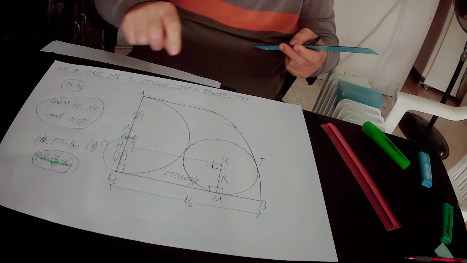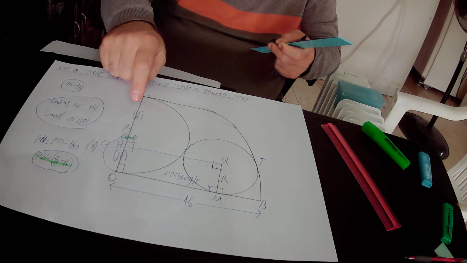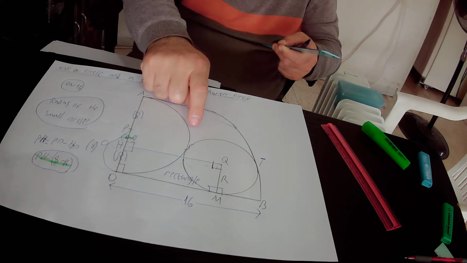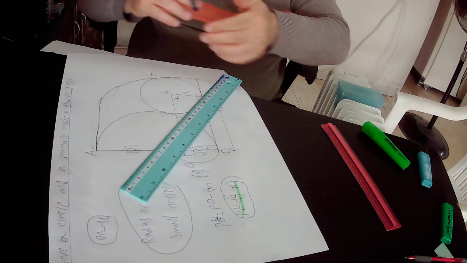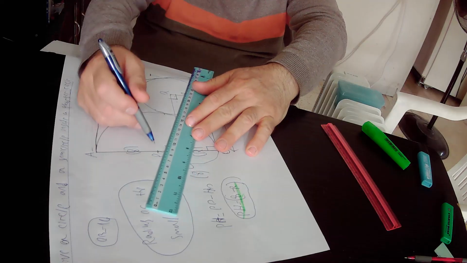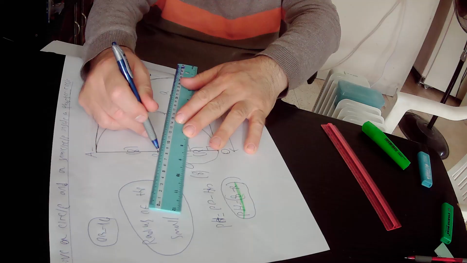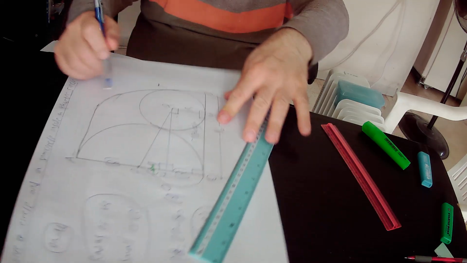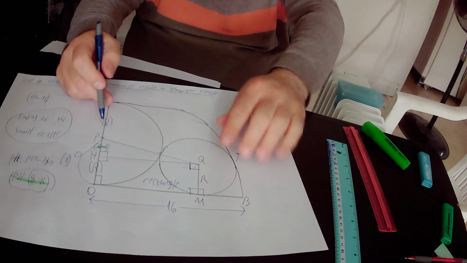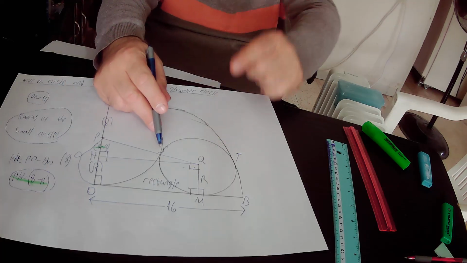So we can rejoin points P and Q together by a straight line, and according to rule 10, the straight line PQ must pass through point S, that is their touching point.